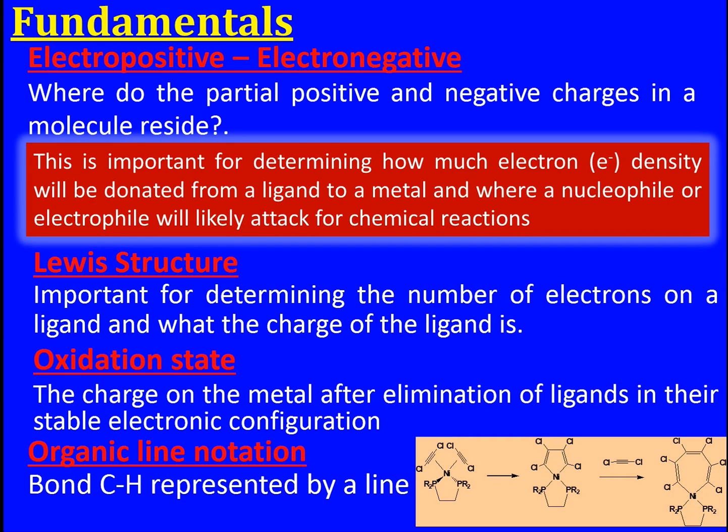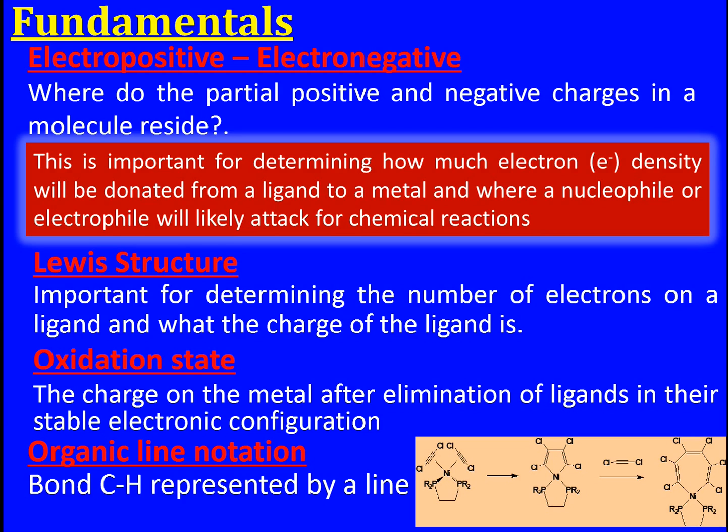So this is an example that shows the importance of knowing the electronegativity of the binding atoms that may donate to the metal center.